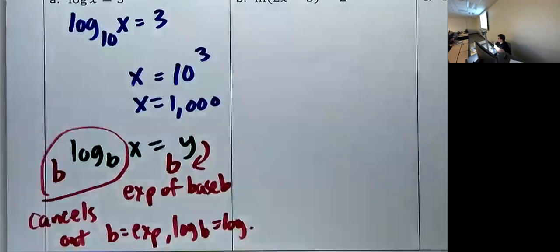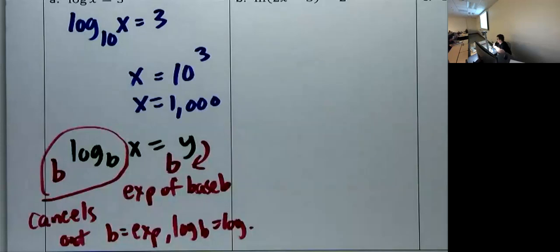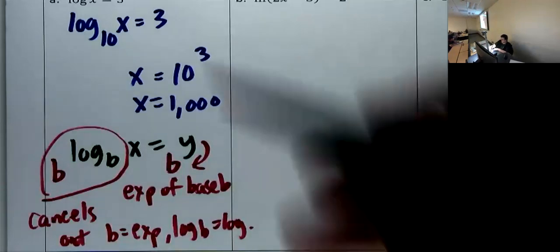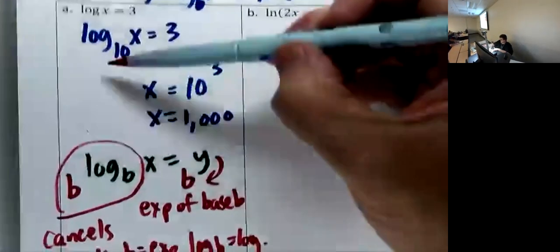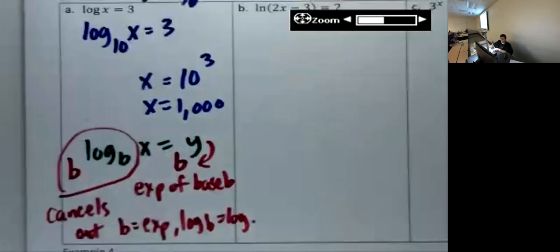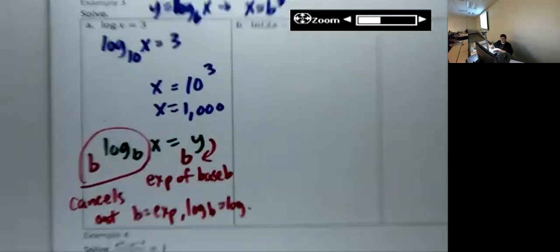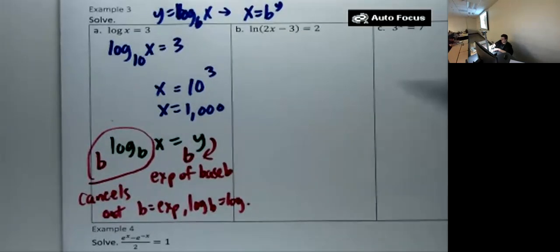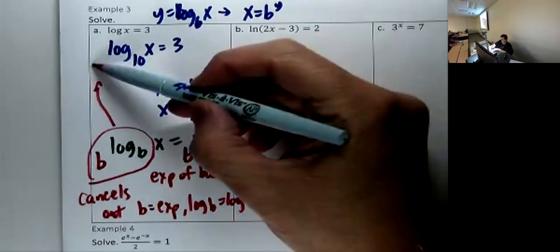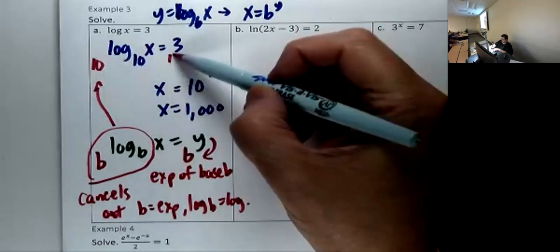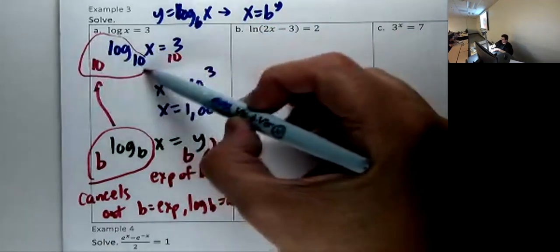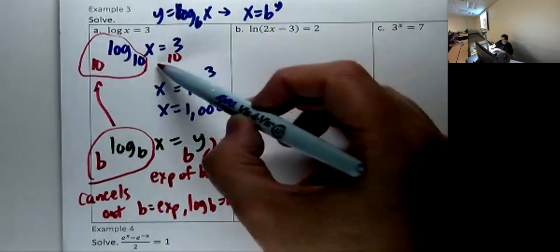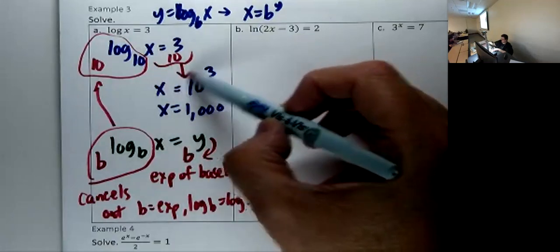And they are inverses, so when you put them together, they cancel each other out. So if we did that here, I need to zoom out a little bit. I'm just not giving myself enough room. If I applied this up here, I'd put a 10 there and I'd put a 10 here. That would cancel out. And this is x equals 10 to the third power that I see right there.